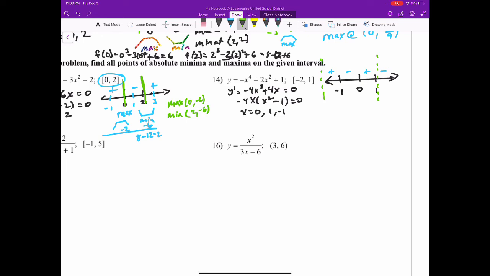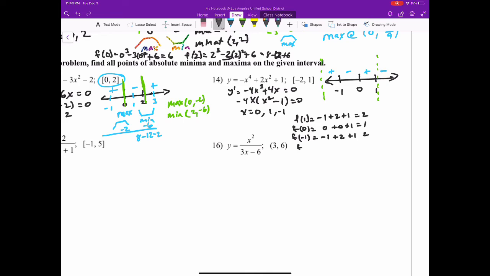So let's figure out what these values are going to be. We'll plug them back into my main function. So we're plugging the 1 into the problem. f at 1 is going to be negative 1 plus 2 plus 1, which is 2. f at 0 is just 0 plus 0 plus 1, which is 1. f at negative 1 is negative 1 plus 2 plus 1, which I think we're back at 2.